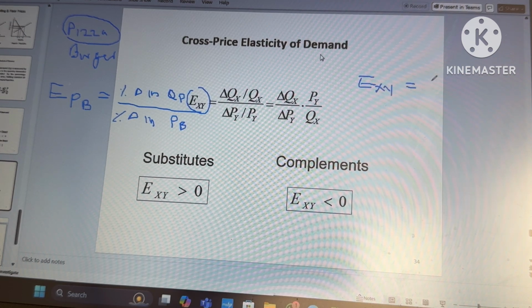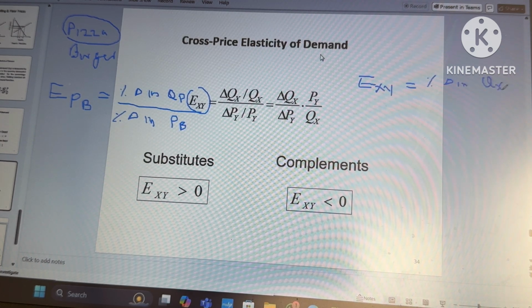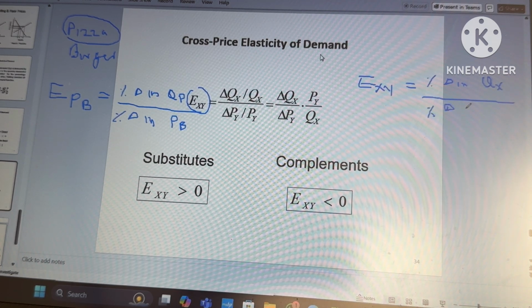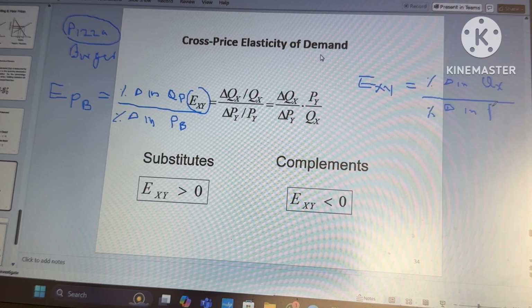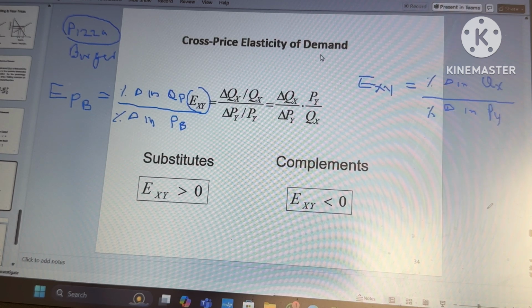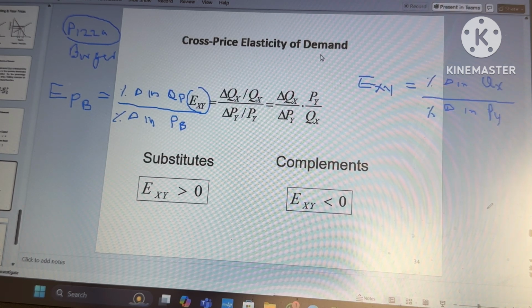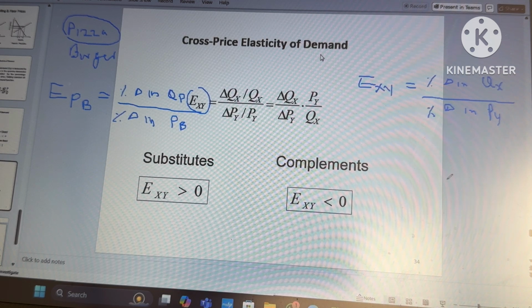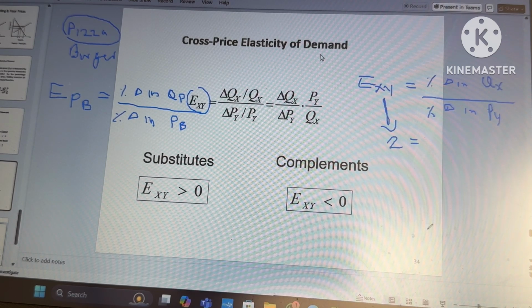Therefore, the formula should be percentage change in quantity of X divided by percentage change in price of Y. Because we know these two are related, suppose that we get this answer as the cross price elasticity. What can you understand from this?